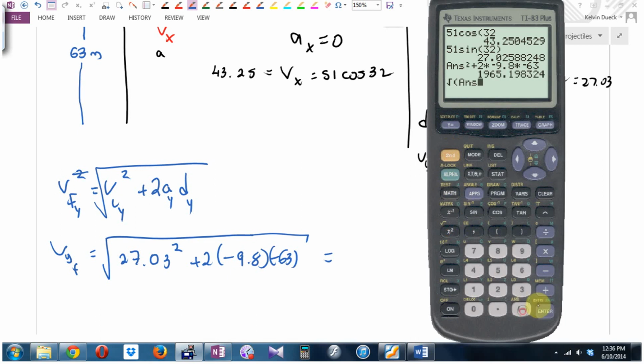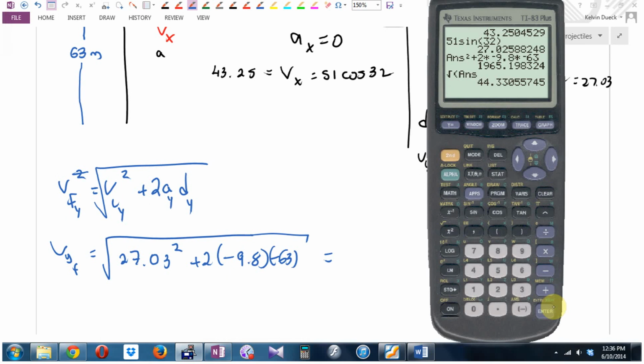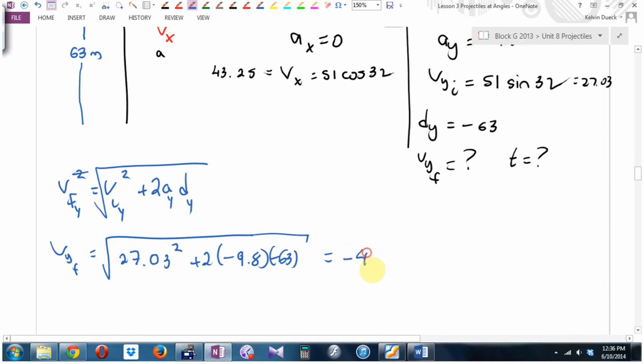Square root. And 44.33 is wrong. This is the only issue. It's a nice, very useful equation, but it returns only the magnitude when you square root. So we have to add the negative.